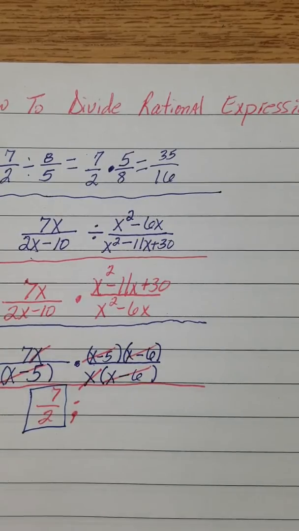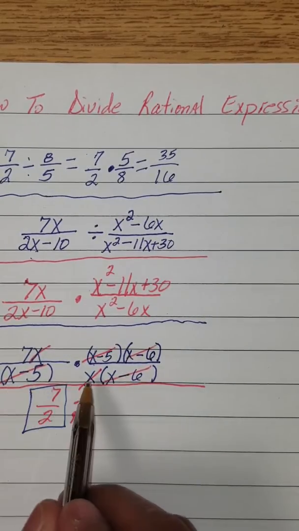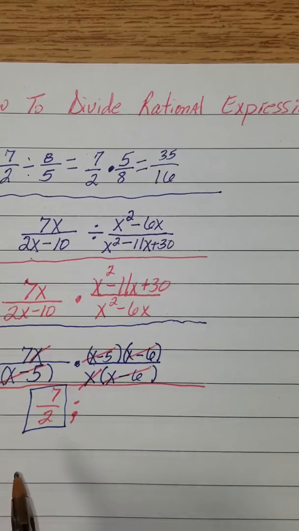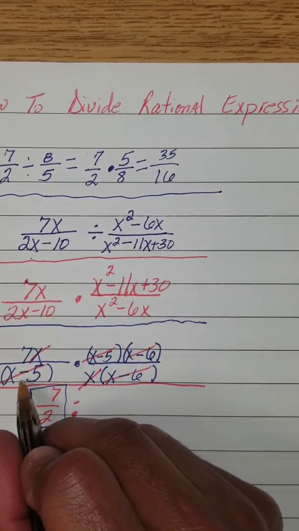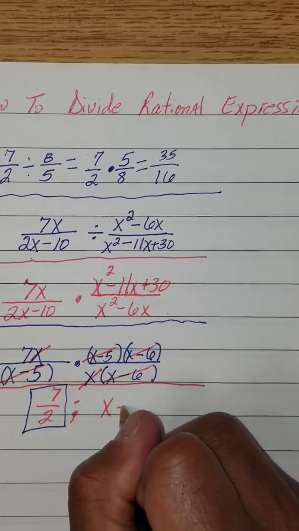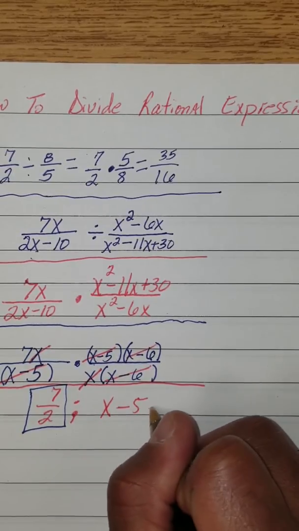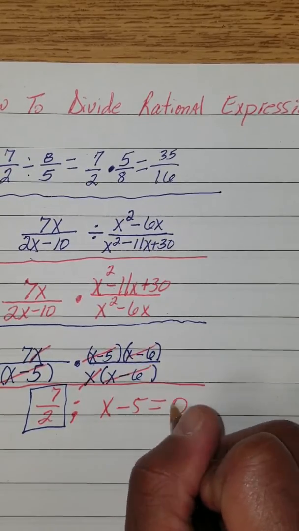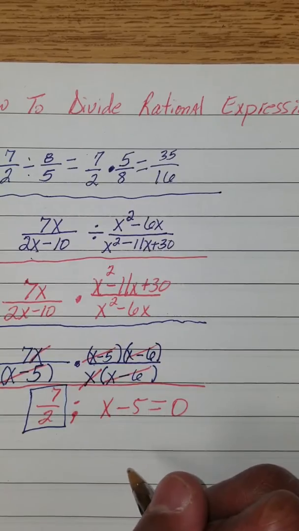So I want to take each one of these and set them equal to 0 and solve them for x. So I'm going to take my x minus 5, set it equal to 0, and solve this for x.